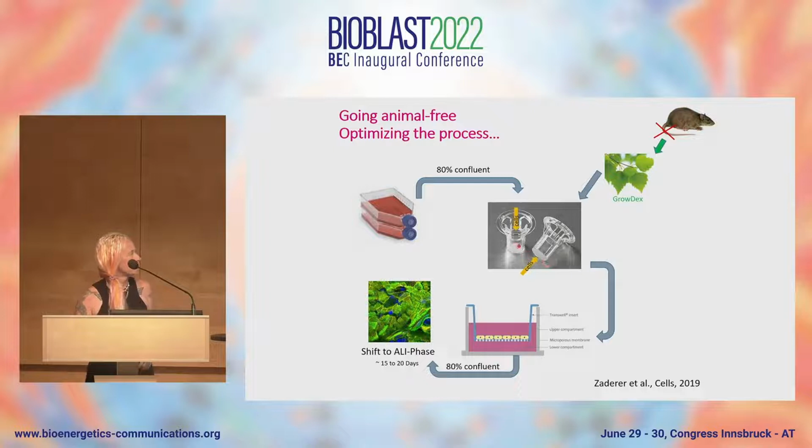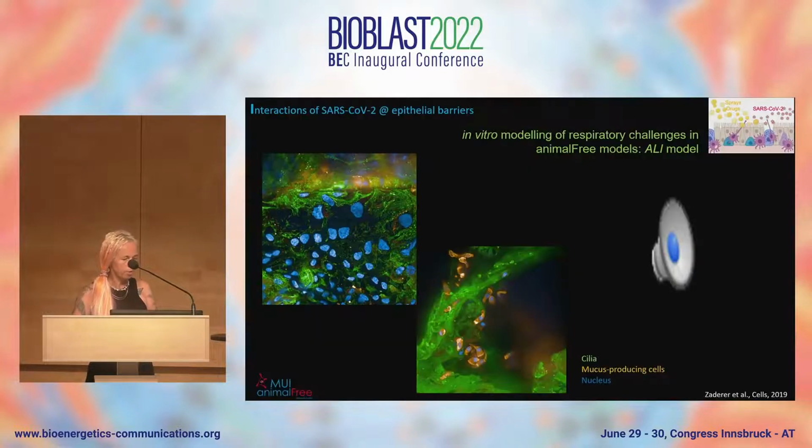And you don't have to sacrifice a transwell for each and every analysis. This is very nice if you want to monitor the differentiation of cells, or if you want to monitor, for example, multiple exposures in one specific transwell. And these were the optimizations we did with the air-liquid interface model.